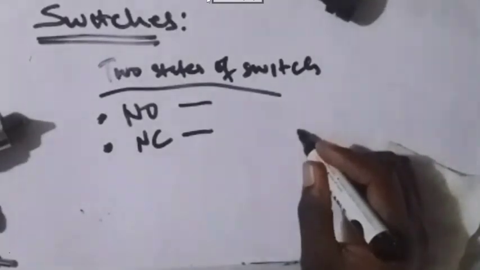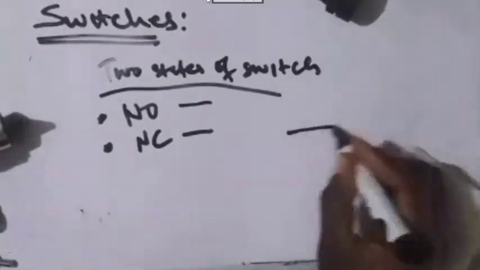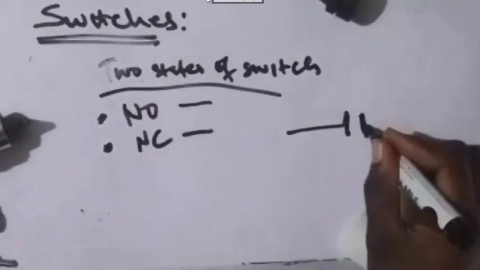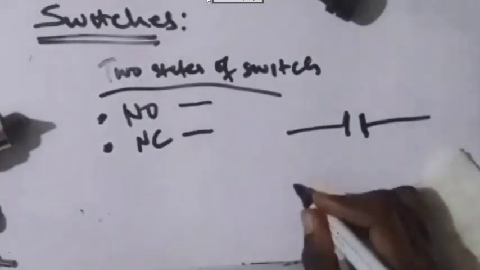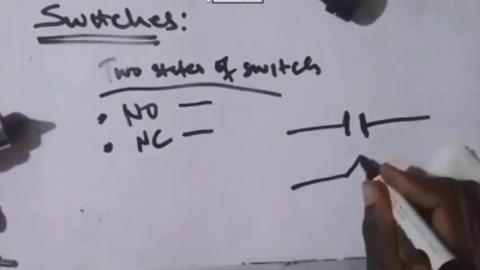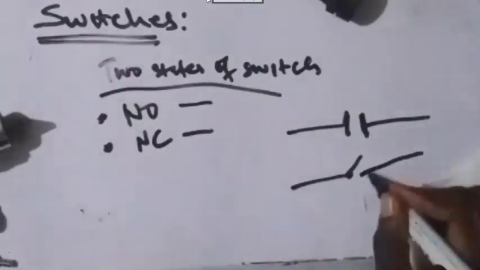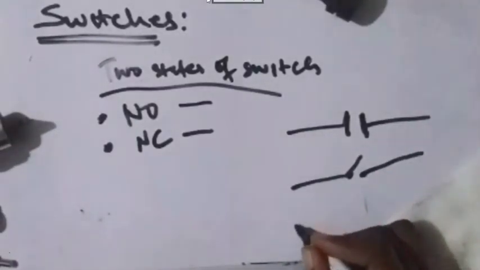So before we start, let's see an example of a symbol of a switch. Example in PLC, or we can say, you can use this as a symbol of a switch.